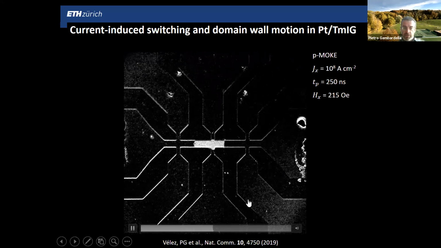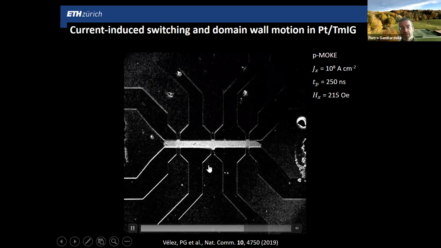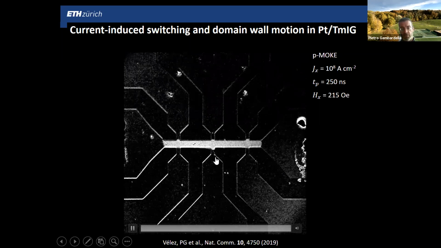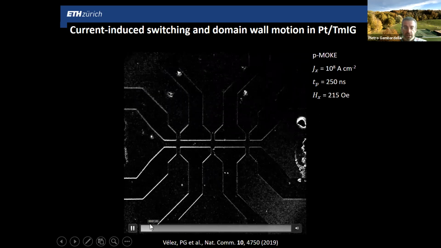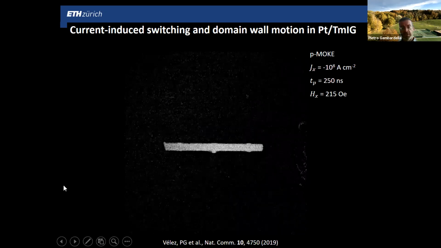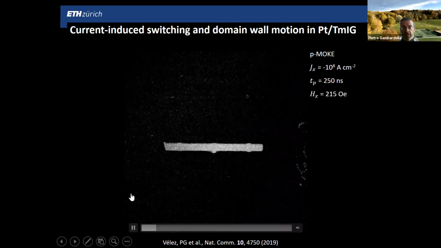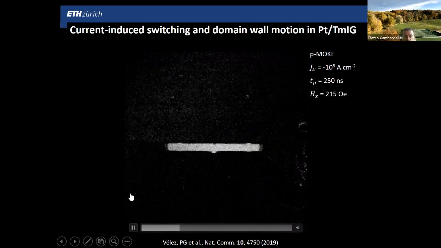And we pulse the current repeatedly and observe that the magnetization reverses starting from the center of the Hall bar towards the two ends. Okay. And if we start from this switched state and reverse the direction of the current, then essentially the magnetization switches back.